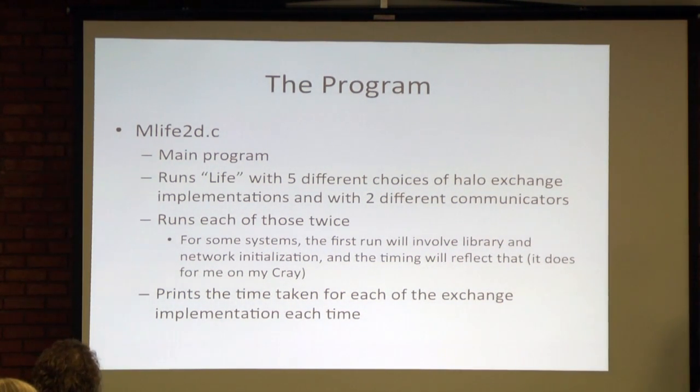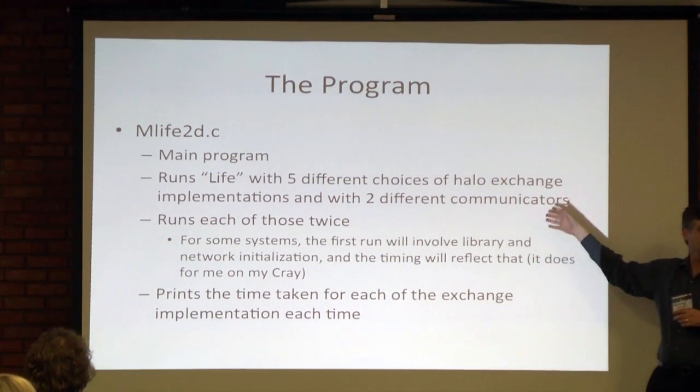Why twice? Well, for some systems, the first time you run something, other stuff happens. You get initialization of the network. If you're timing something and you don't at least look at, and most likely throw away, the first time that you execute a routine, you may not be timing what you think. You might be timing the time it takes to load a shared library into your node's memory. You might be timing the time it takes to establish a network connection to a destination process. You may see that on some systems.